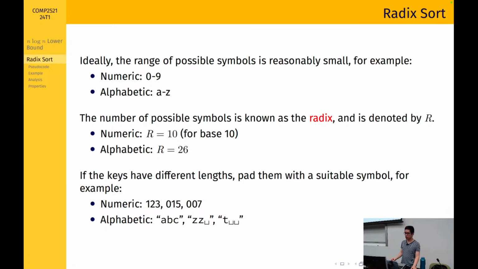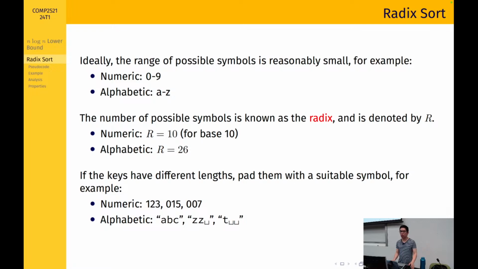And in the dictionary, pad would be earlier. So due to the nature of the symbols that we're using in the keys, we have to make a decision about how we choose to handle it. So based on what kind of key you have, you have to appropriately pad it.